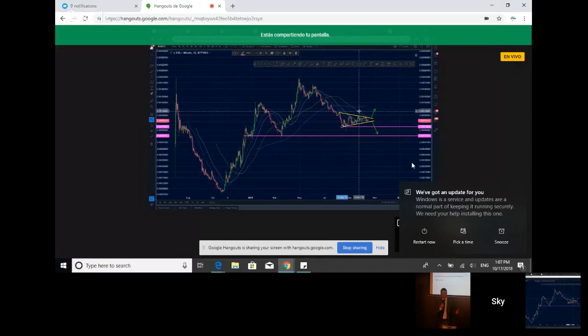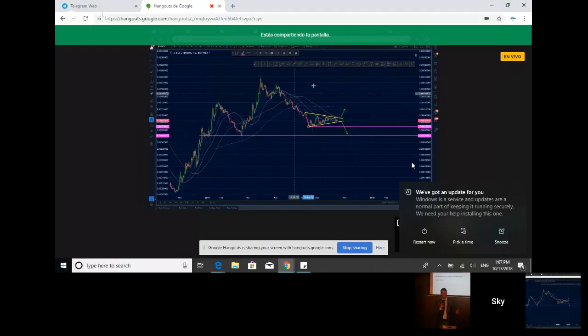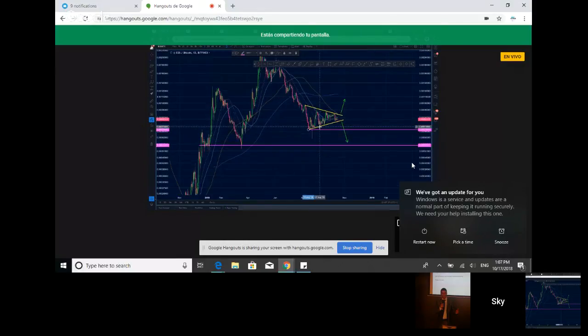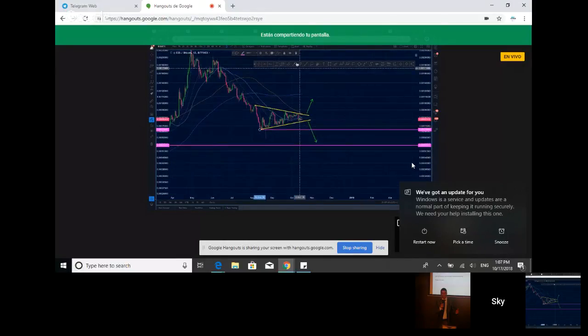For now, the price is in this triangle, near the support of this triangle. So probably we will see a short-term move to the upside, then to the downside again, to the upside again.